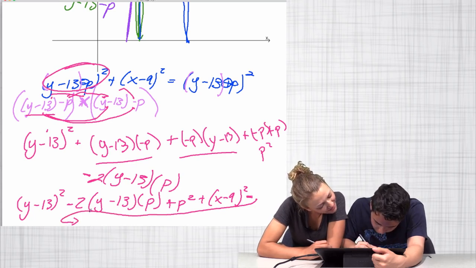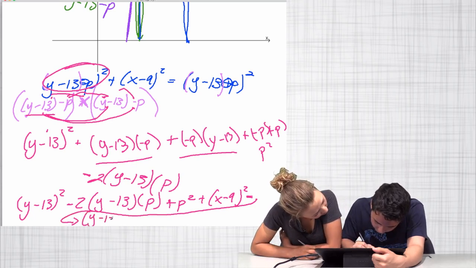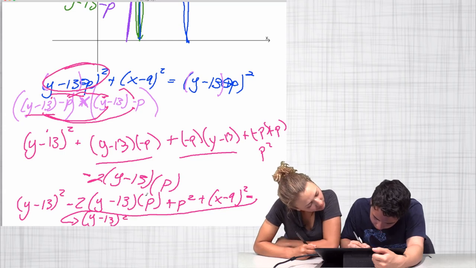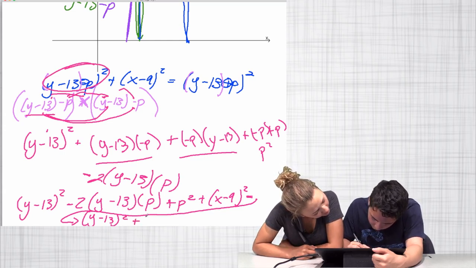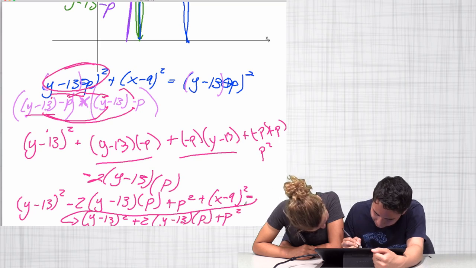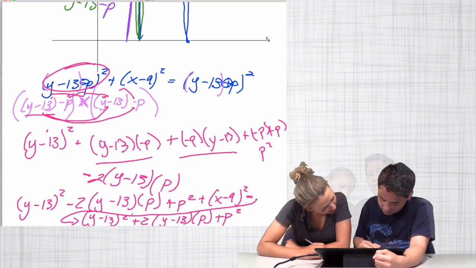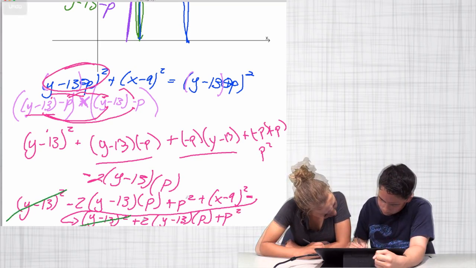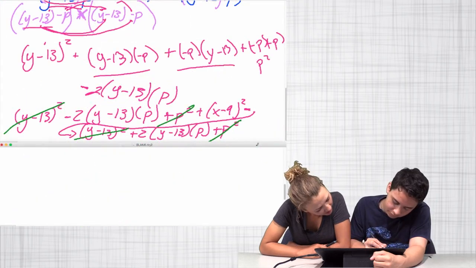Okay. y minus 13 squared plus 2 times y minus 13 times p plus p squared. Do you agree with that, Sasha? I do. Cancel these. There you go. Can you write what's left over?